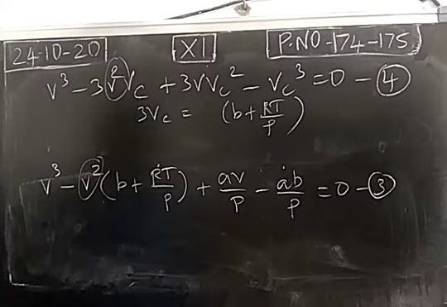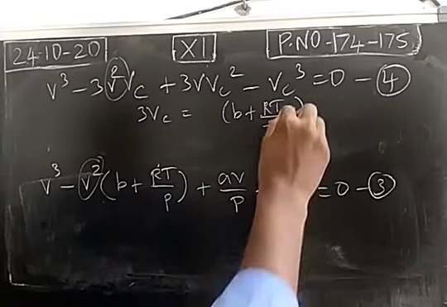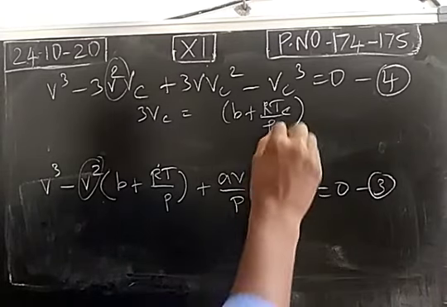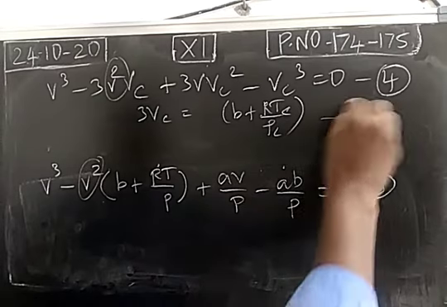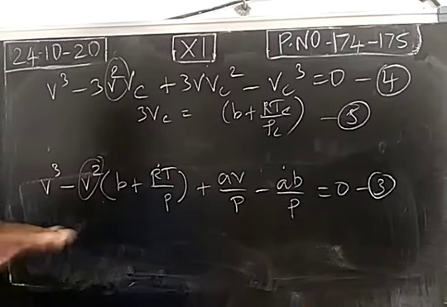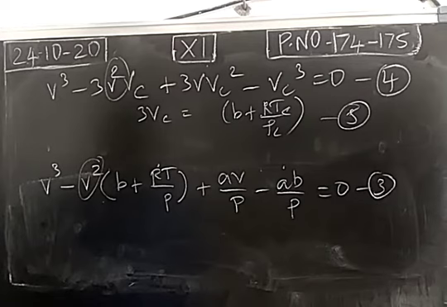Since volume is changed as a critical volume, other factors will also be changed into critical points. For example, temperature will be changed as critical temperature, and pressure will also be changed as critical pressure. So we take this as equation 5. So we relate equations 3 and 4.